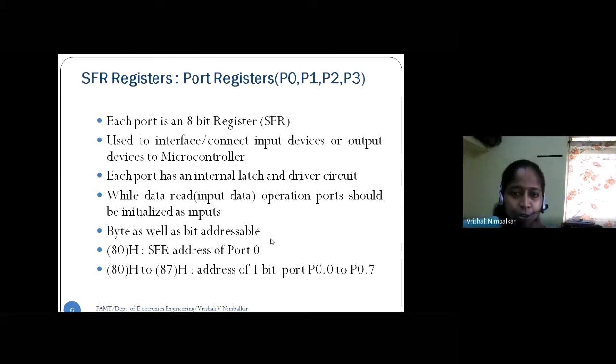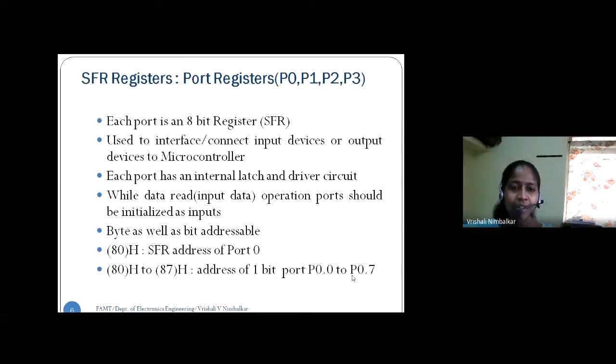So if I want to write port 0 bitwise, we write it as P0.0, P0.1 up to P0.7. So refer to them by the name. Or if you want to refer by the address, the addresses are 80, 81, 82, up to 87. 87 is the address of the last bit P0.7 of port 0.